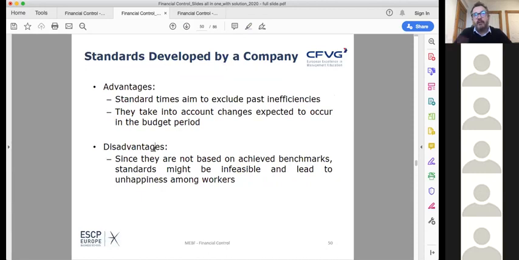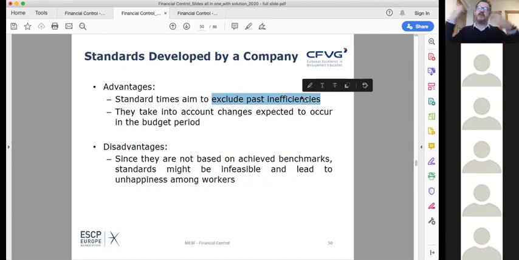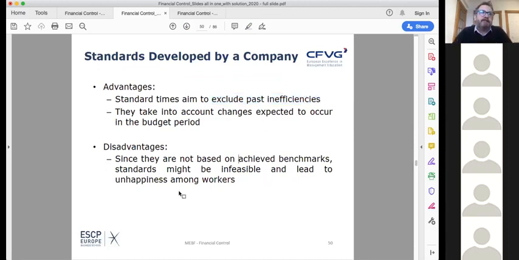And for the standards developed by the company, of course, standards exclude past inefficiency. So it's like we take information from the past, but then we reanalyze it and set a standard. The problem is, of course, they are not based on achieved benchmarks, so we have to be careful because they can be too hard to reach or too unrealistic.